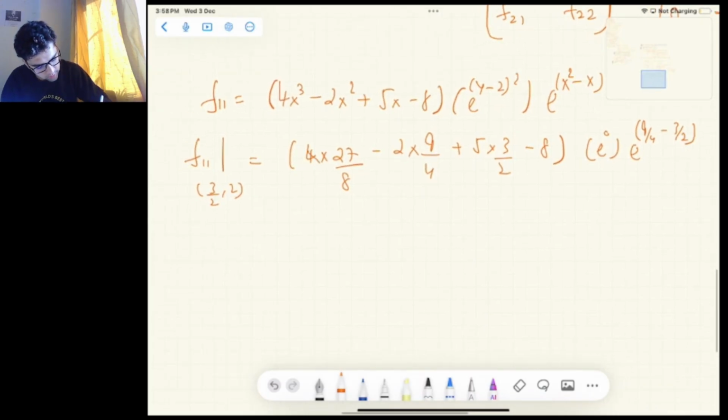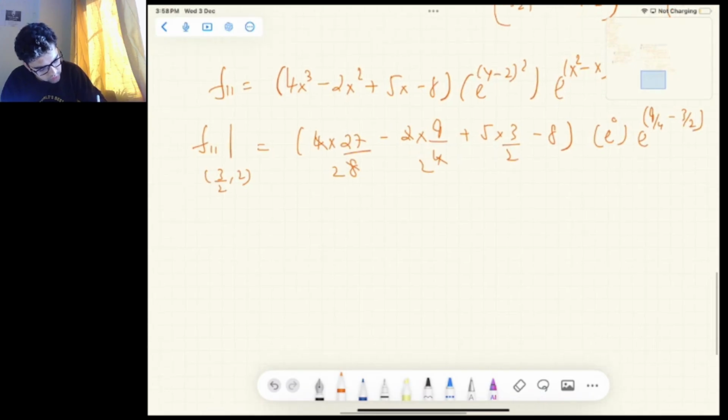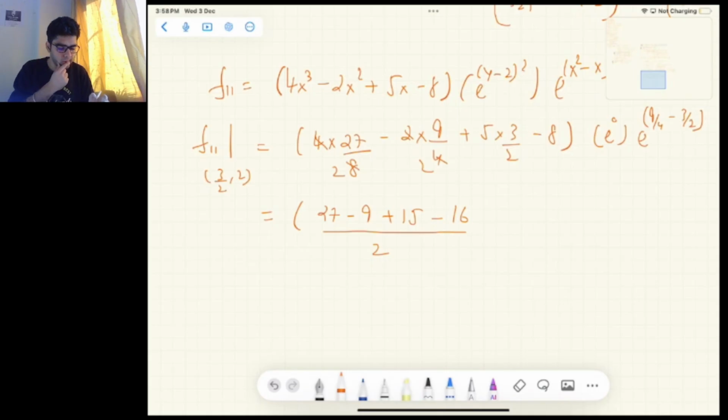So this expression becomes 27 minus 9 plus 15 minus 16 by 2. 9 plus 16 is 25, 25 minus 25 plus 15 gives me 10, so this is 17 by 2.